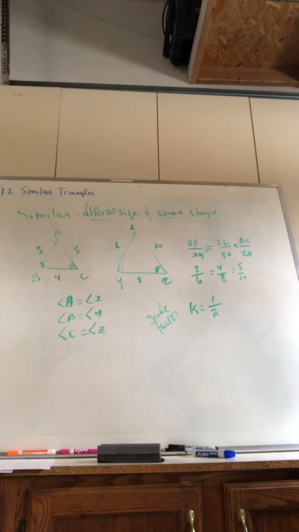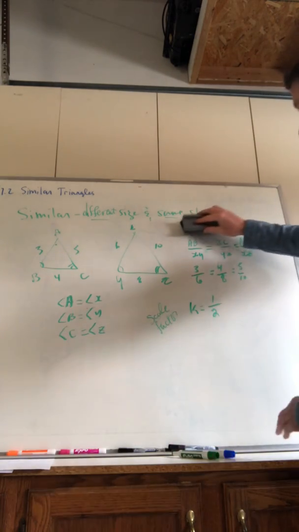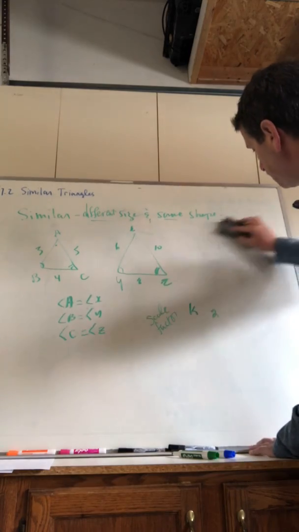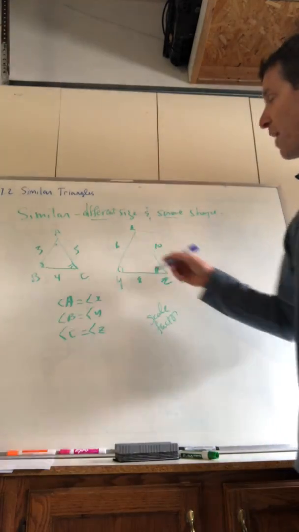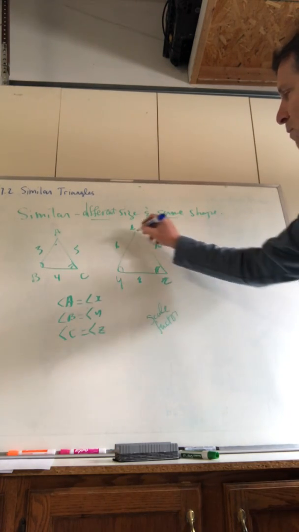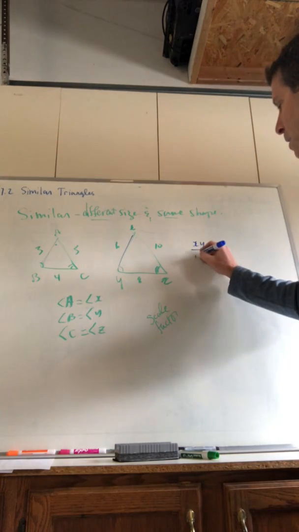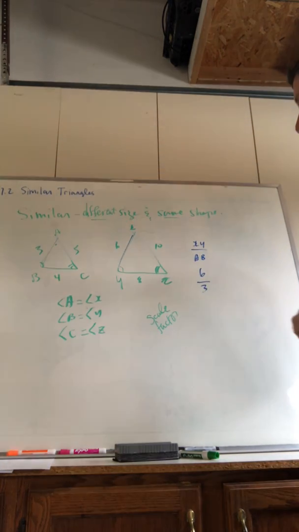Now you may ask yourself, what if we did these ratios backwards? Perfectly acceptable. So instead of doing the first triangle on the top, I can do the second triangle on the top. If I did XY to AB, I'm going to get 6 over 3.